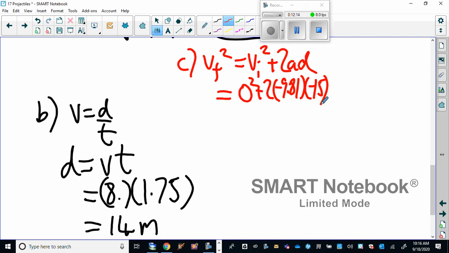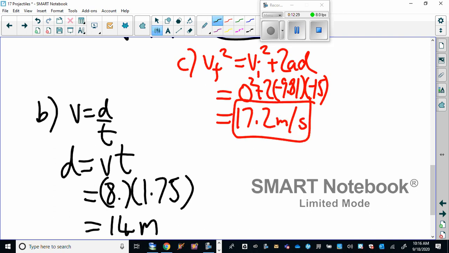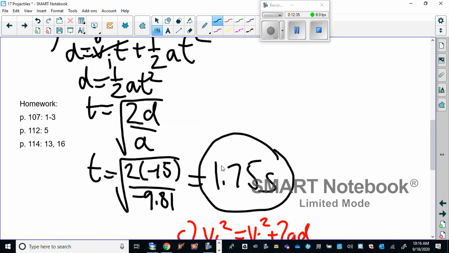Once again, the negatives cancel out, which is a good thing because we're going to end up taking the square root of this number. And once we do that, we get 17.2. Circle our answers. Good, so there we go. We've got 3 out of 4.